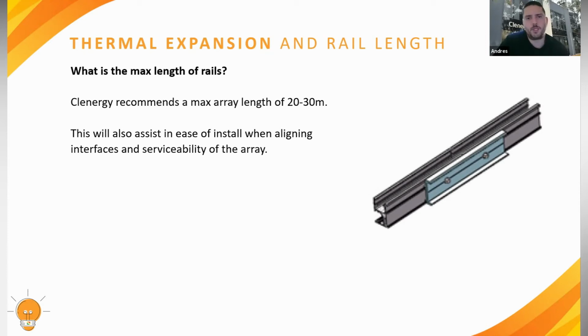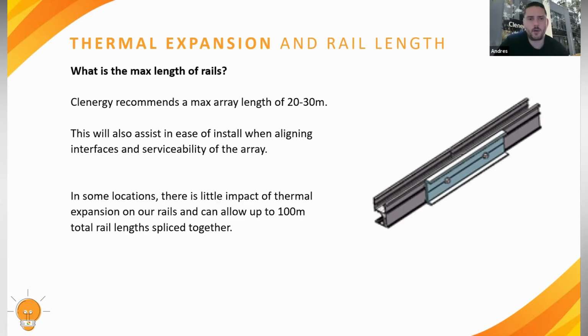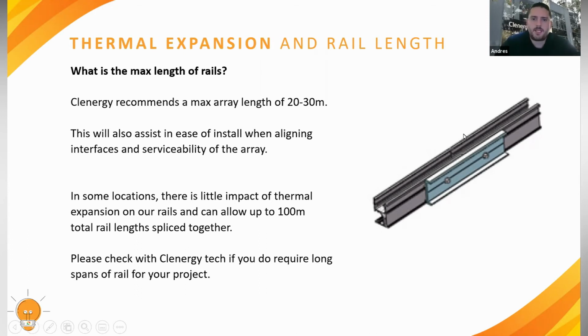So this would be the recommended length for eco rails. In some locations, there's little impact, as we've explained that the splice absorbs part of this, so we can also go up to 100 meter lengths, obviously spliced together. Please check with us if you require long spans for your projects, and we can ensure that there won't be any issues with thermal expansion.